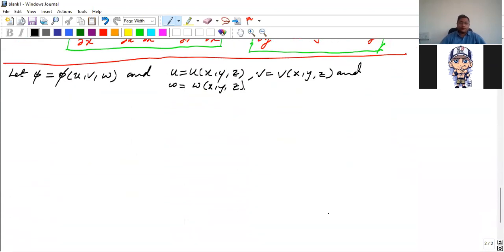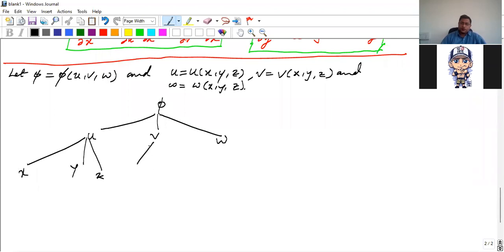Now see here how we are able to see the tree. Okay, so what we will be having here? This is phi. Phi is a function of u, v, and w. Now this u is a function of x, y, and z. This v is a function of x, y, and z. And w is also a function of x, y, and z.